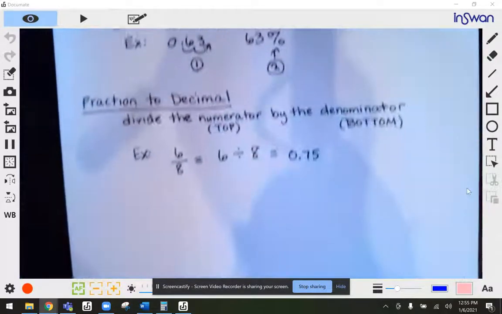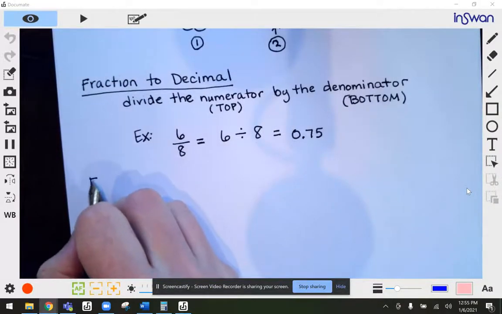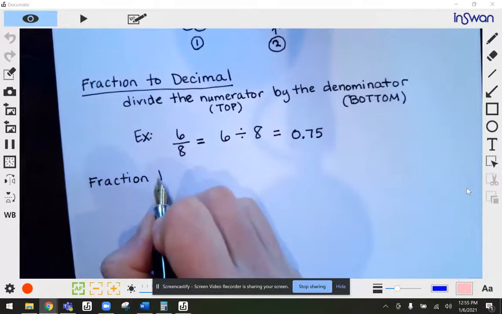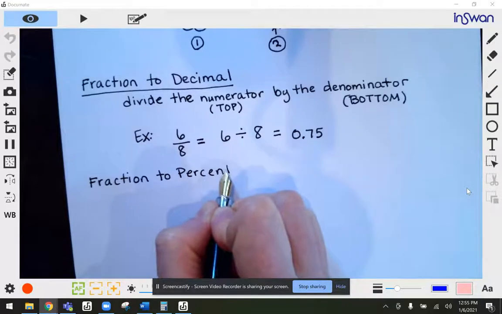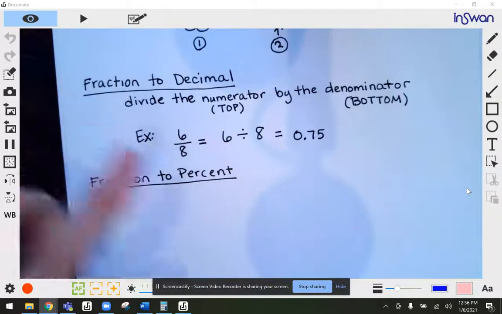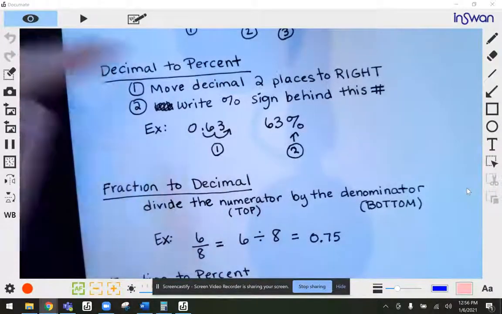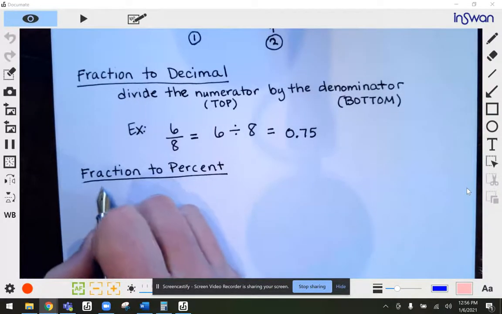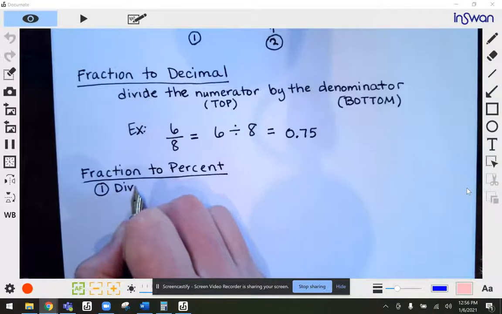All right. The next one that we need to know how to do is going from a fraction to a percent. And if you think about it, we're just going to be converting the fraction to a decimal like we did here, and then taking a decimal to a percent. So it's kind of combining these two. Okay, so our first step would be to divide the numerator by the denominator.